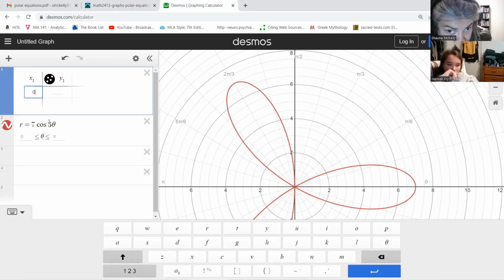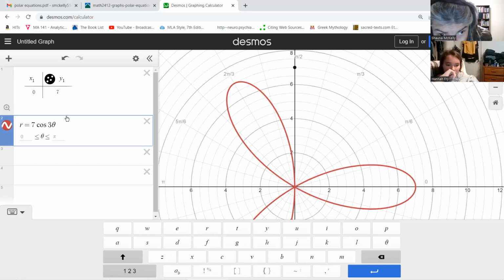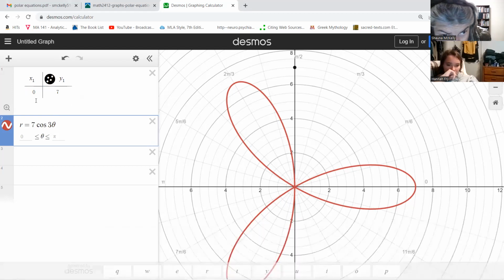So 3 times 0 is 0, right? And 7 cosine of 0 was 7, right? So that was this.